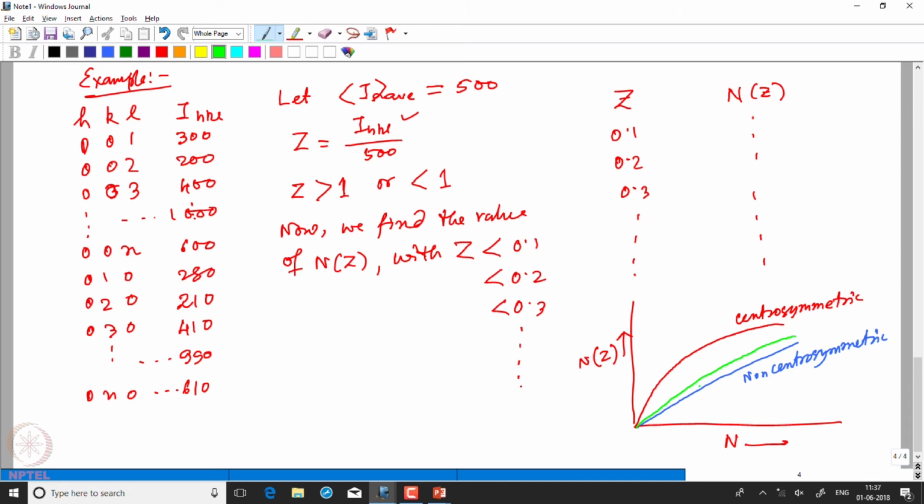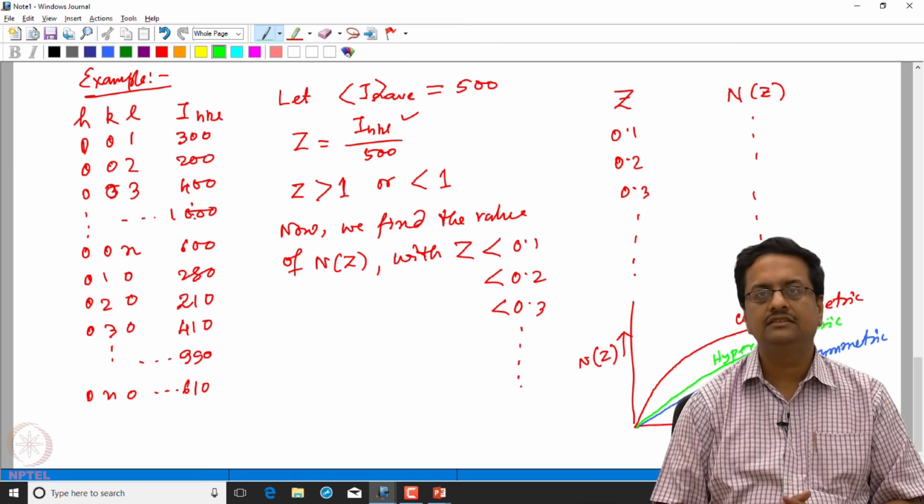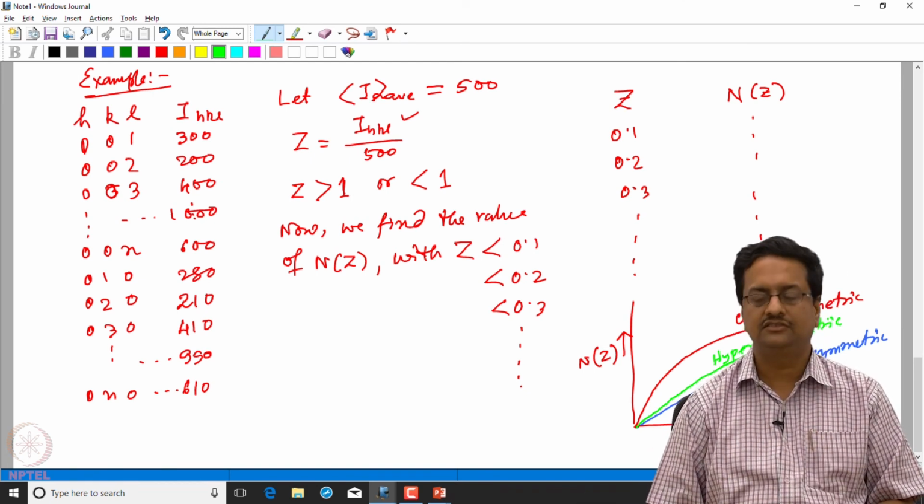So, it will go nearly a straight line, but with some curvature in it, and you identify it as a hypercentric structure. So, this happens when either your molecule has a center of inversion, but that center of inversion does not lead to a centrosymmetric structure, or that center of inversion does not coincide with the center of inversion of your lattice. In that case, you end up getting a hypercentric distribution.